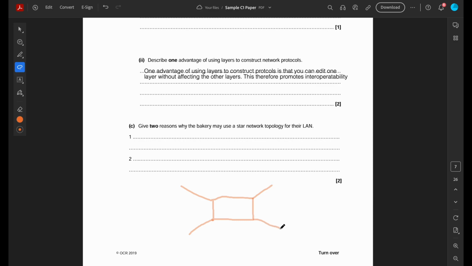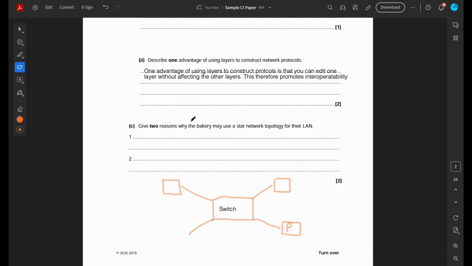A star topology always has a switch in the center of it, and we have some computers around the outside. So let's draw a rectangle, and that can be my computer. And this could be another computer. And then we could even have a little printer here. Let's put a P in it to show it's a printer. There you go.